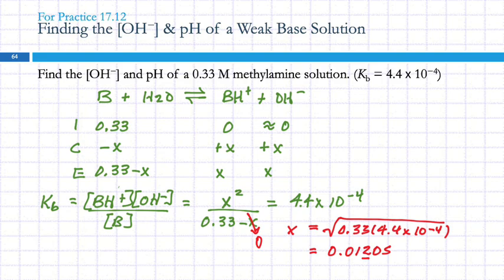We'll take our x and we'll divide by the number we were subtracting it from, the 0.33. I still got that number in my calculator, so I just go divide by 0.33 times 100, 3.7%. Smaller than 5%, so that's okay.